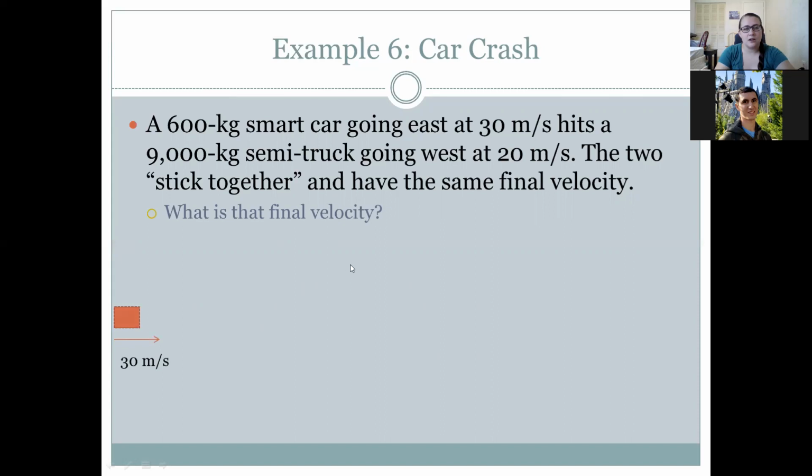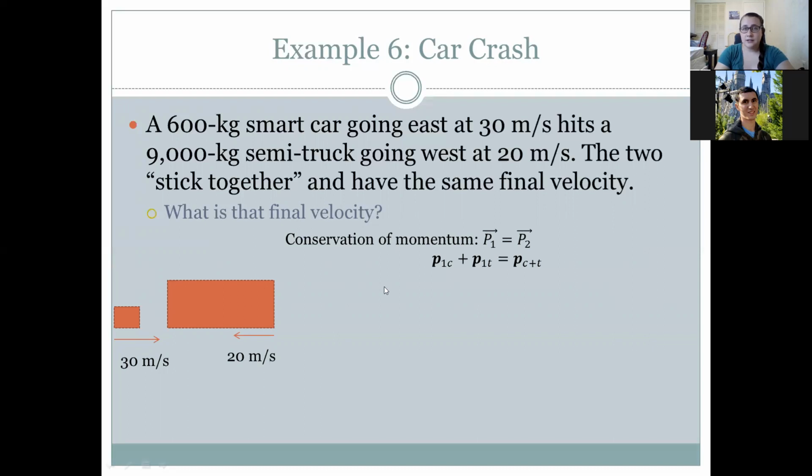Okay, so here's our little smart car traveling east. Here is our semi truck traveling west. And we know conservation of momentum means that the total momentum is conserved the whole time. So our initial momentum is the same value as our final momentum.